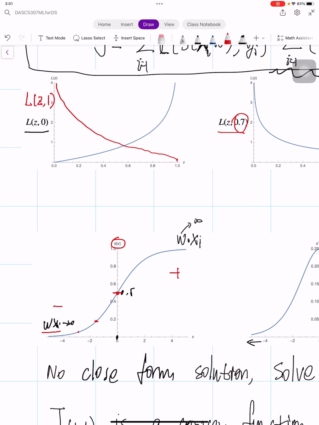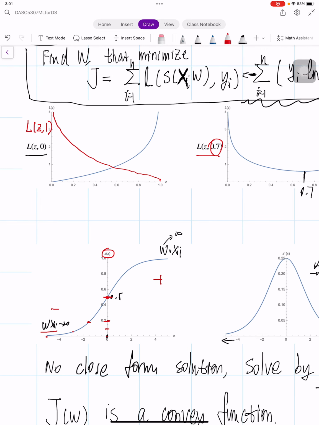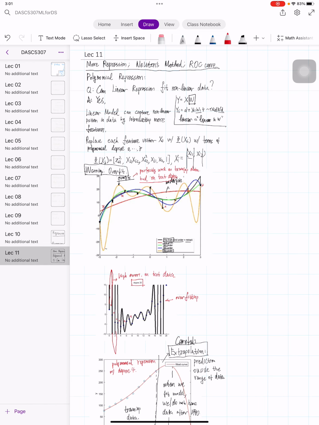So we naturally choose 0.5, but actually we can change this knob. We can change it to 0.2, 0.1, or even 0. 0 means we classify all the cases as positive, right?